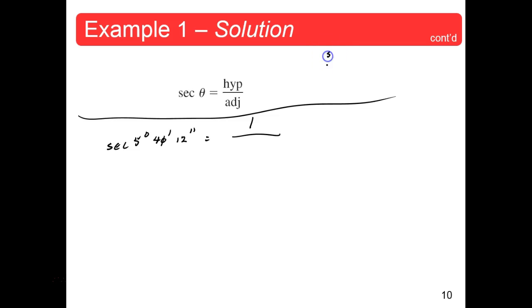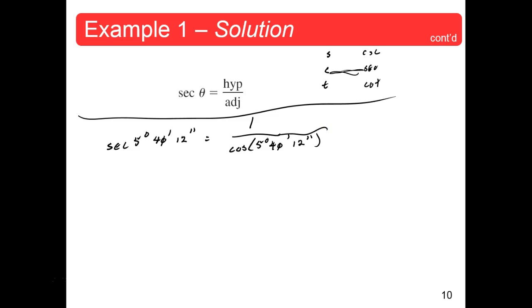We used to do sine, cosine, tangent, cotangent, secant, and cosecant. Right? These two are reciprocal of each other. Cosine. So this is 1 over the cosine of, I like to put it in parentheses, 5 degrees, 40 minutes, and 12 seconds.